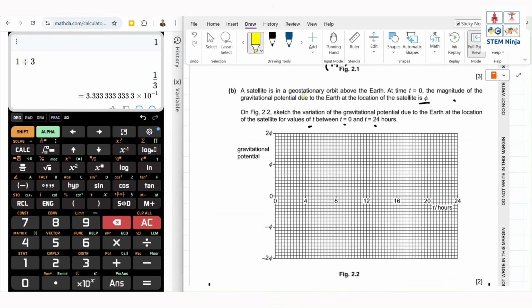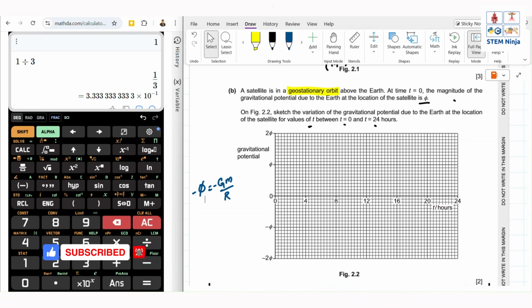So since this is in the geostationary orbit, that means the radius is not changing. So the gravitational potential over here, phi, which is minus gm over r, the radius remains the same. So the gravitational potential does not change.